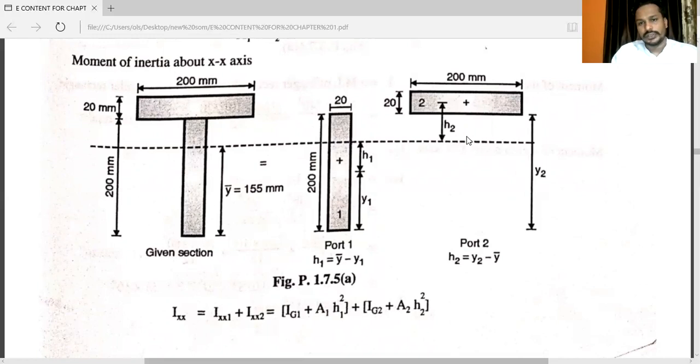Here H1 is the first difference, and H2 is the distance between the second rectangle centroid point and the centroidal axis of the entire diagram. So H1 and H2 distances are very important. I already explained that in the previous problem. Here you can see H1 and H2 very clearly.